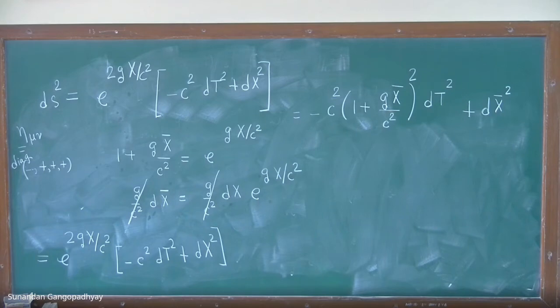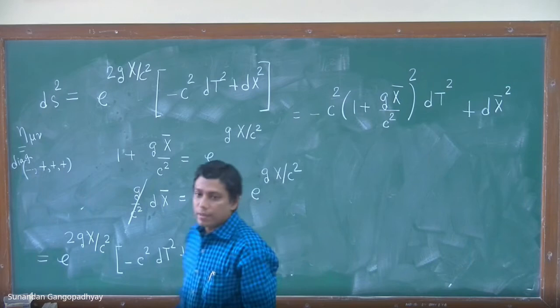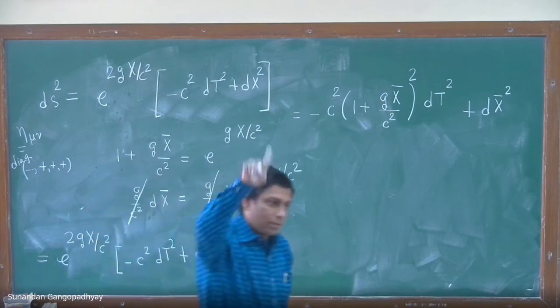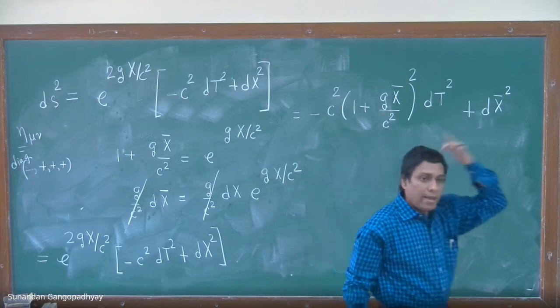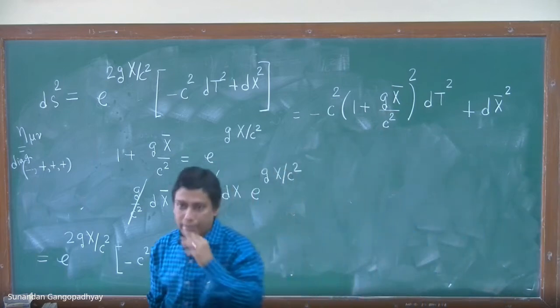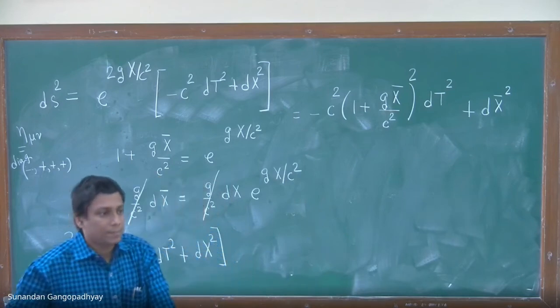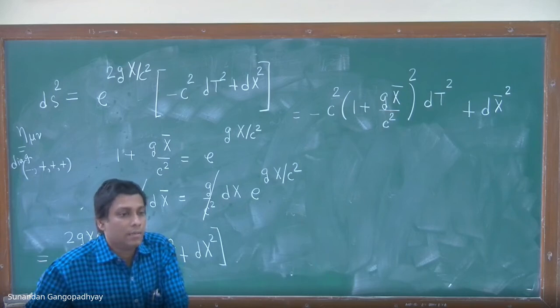First of all, if you take this uniformly accelerating observer, then the metric as measured from the point of view of the uniformly accelerating observer is a curved metric. That is fine. But now comes the most important thing in general relativity, and what is that?